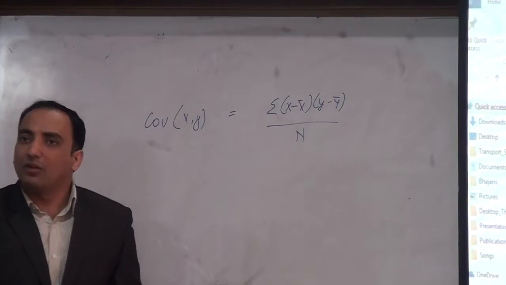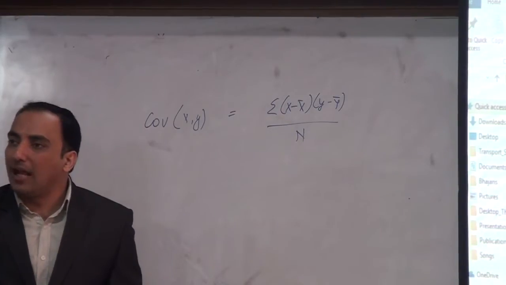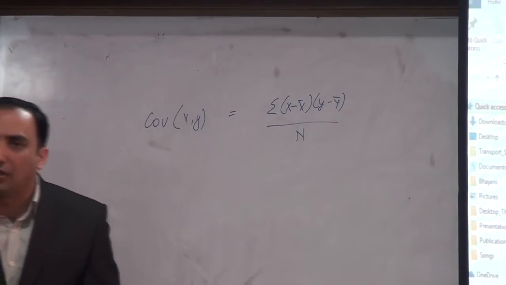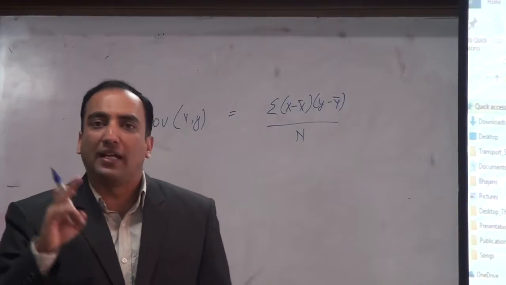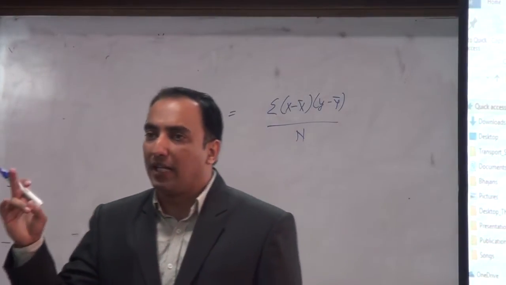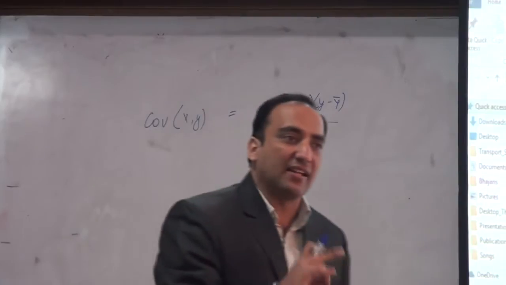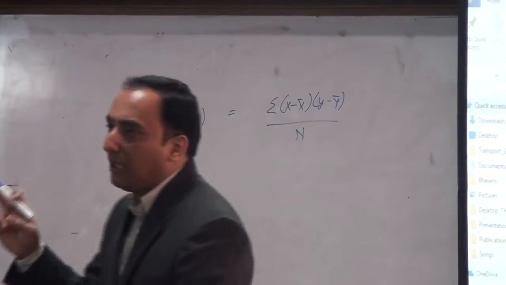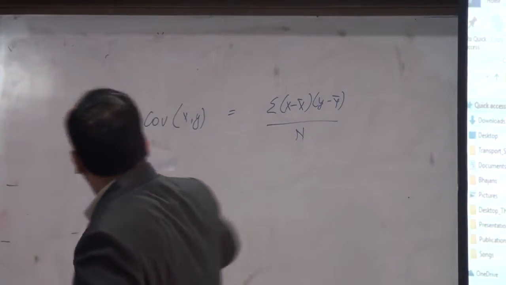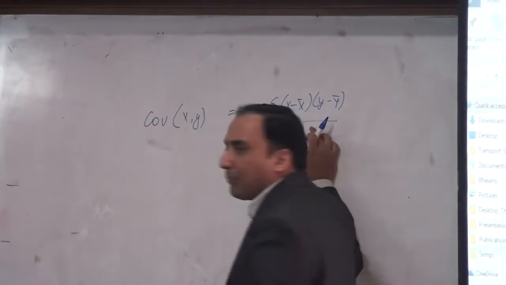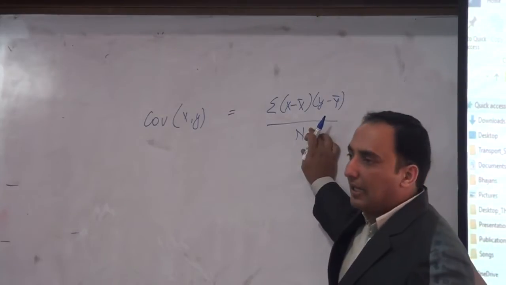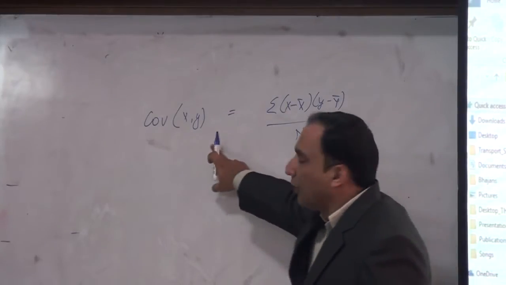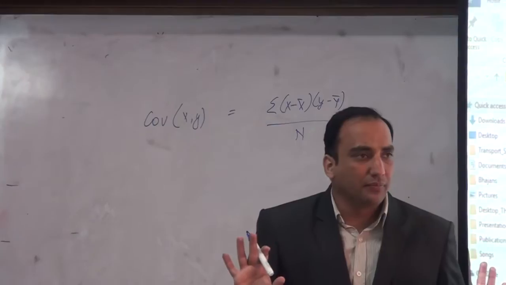So x1 minus mean x into y1 minus mean y, plus x2 minus mean x into y2 minus mean y, plus x3 minus mean x into y3 minus mean y, plus and so on. I am doing this process, adding them up, dividing by the number of terms. This gives me covariance. Is it clear?